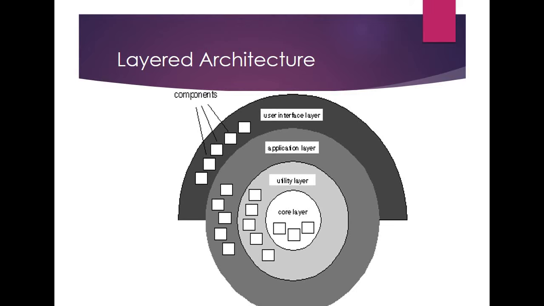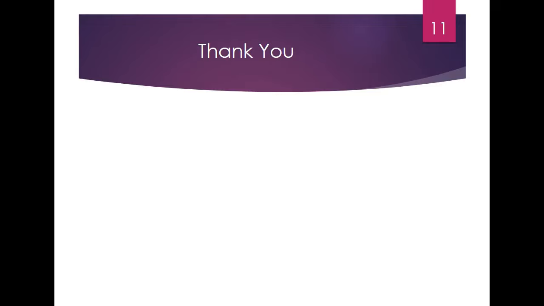The user interface layer will not directly access the data stored in the core layer; it will be accessing it through the application layer. So here one layer's functionality is hidden from the other layer's functionality. So thank you.